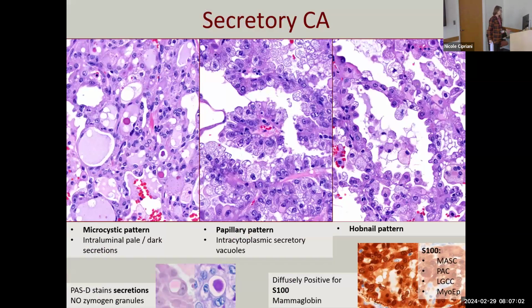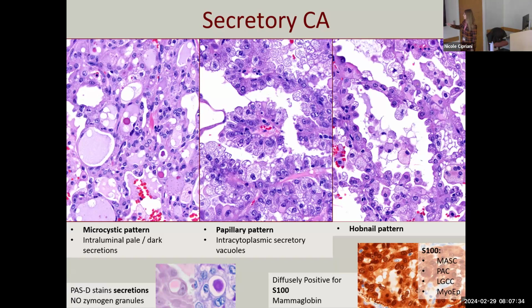The next slide shows the variety of morphologies, but the common denominator is there's generally some kind of material, whether it be this pale stuff in the lumen that looks milky or serous-like, or these vacuoles in the cytoplasm of the cells. So these are what used to be called the microcystic variant of acinic. But the ones that have the translocation are now secretory.